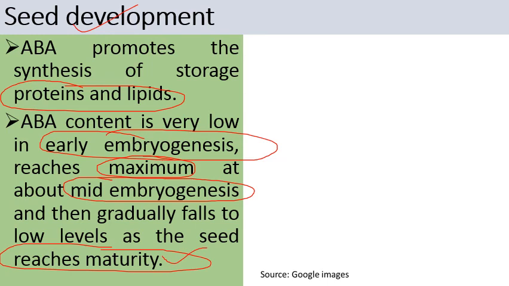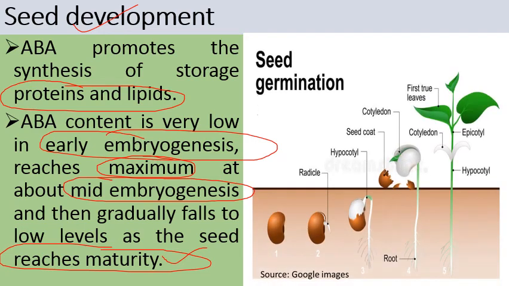So in this way, the concentration of ABA changes in the embryo of the seed. So seed germination is controlled by this ABA. When the conditions become optimum, then the concentration of ABA gets reduced and GA stimulates the seed to germinate. And this type of germination, when the cotyledon comes out of the ground surface, is known as epigeal germination.